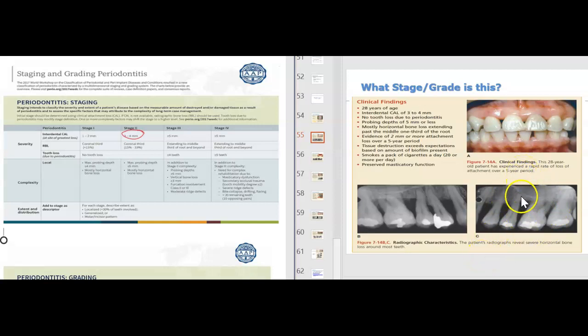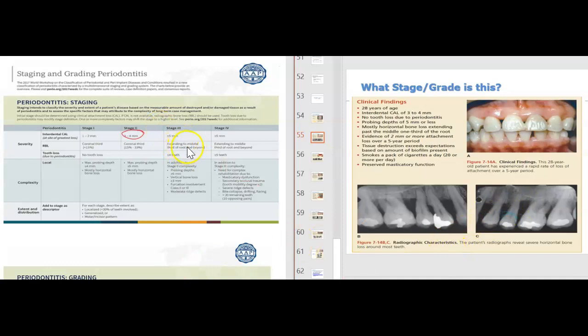And so this is asking, where is the bone loss? Is it 15%? If it was 15%, this is your CEJ right here, and 15% would be maybe just right over here. So that's how much 15% bone loss would look like. You just imagine the bone level would be up to here.